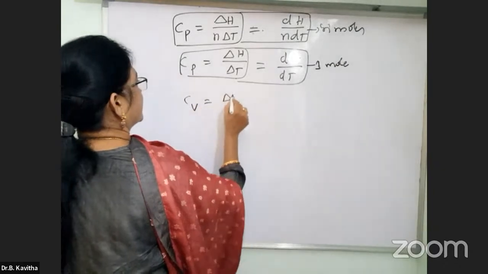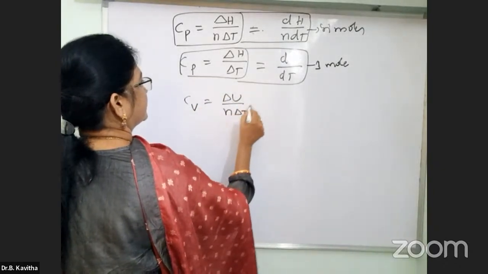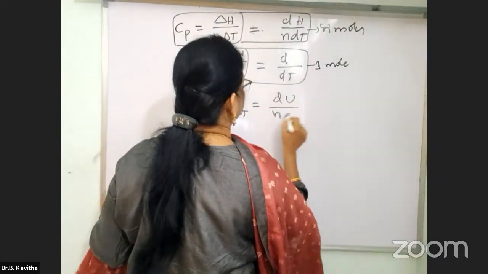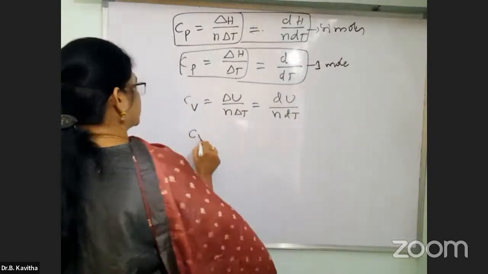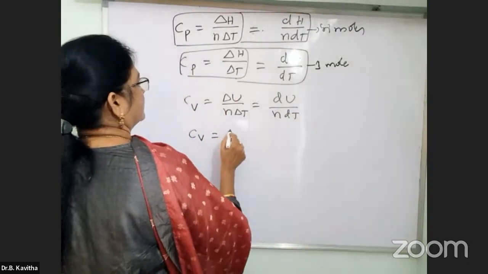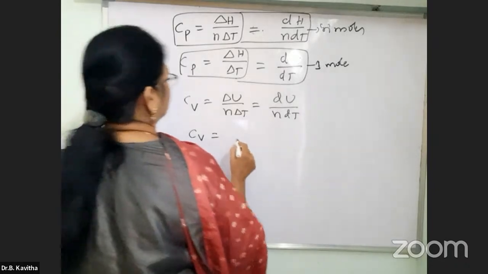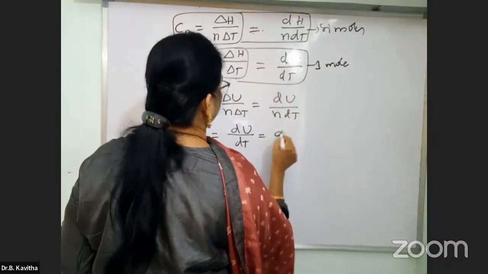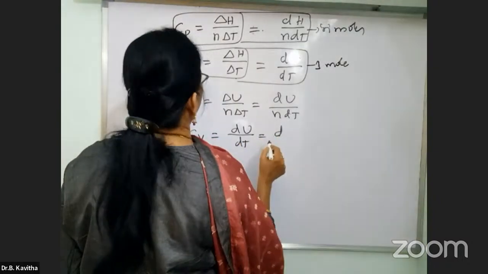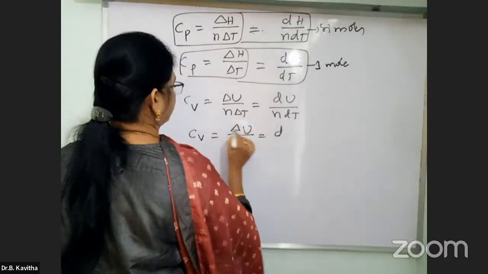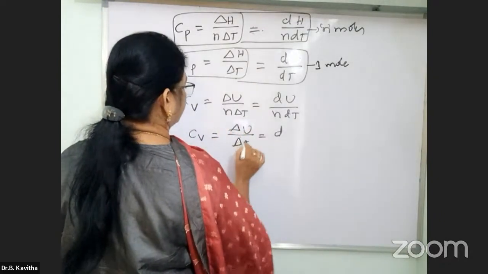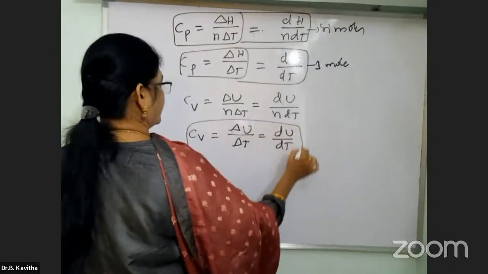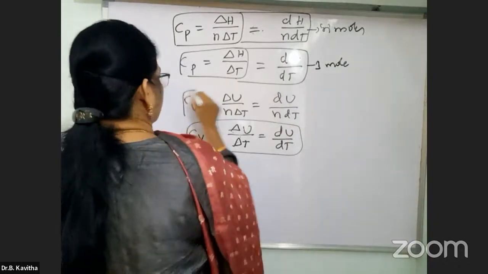Cv is equal to delta U by n into delta T, or you can write dU by n into dT. That is for n moles. For 1 mole it is dU by dT, delta U by delta T.